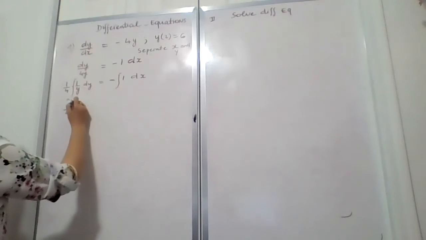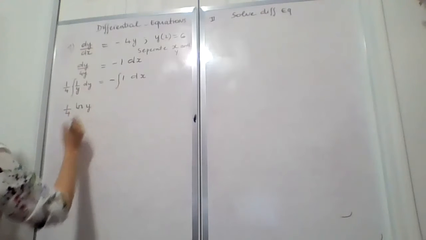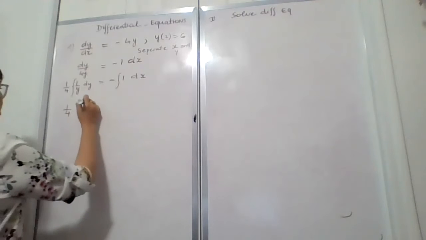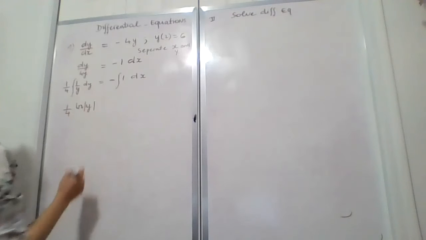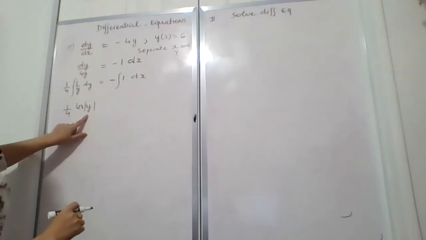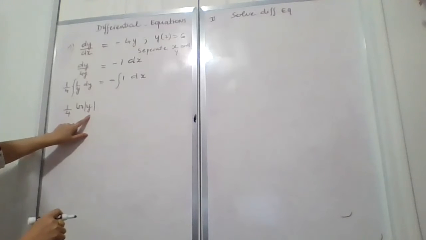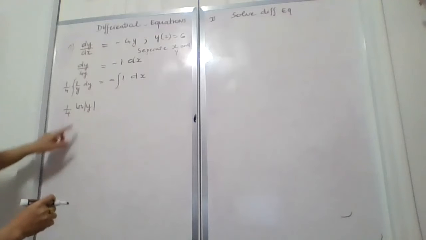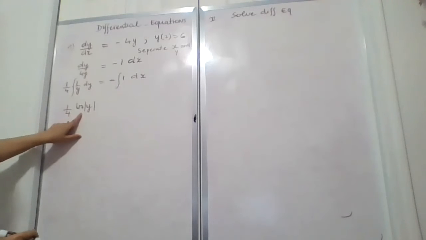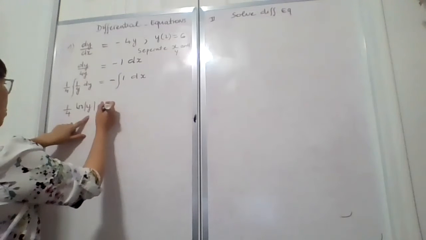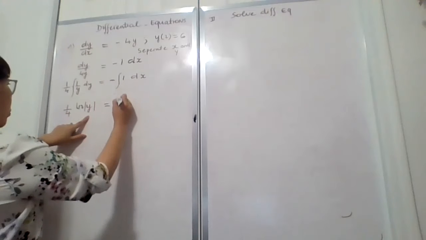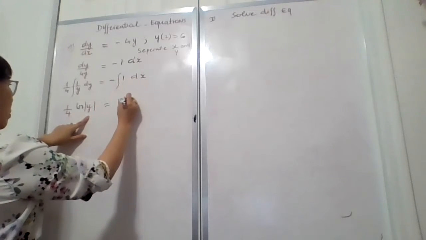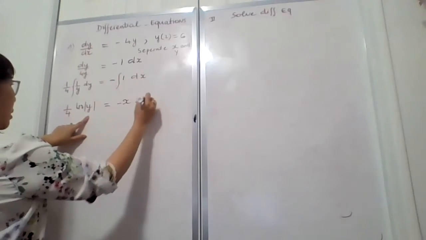The antiderivative of 1 over y is ln y, and I'm going to put in the absolute value, because we don't know what y equals. We want to make sure the number inside is positive, right? We cannot take the ln of a negative number. That's why we put the absolute value. Equal, the integration of this will be minus x plus c.